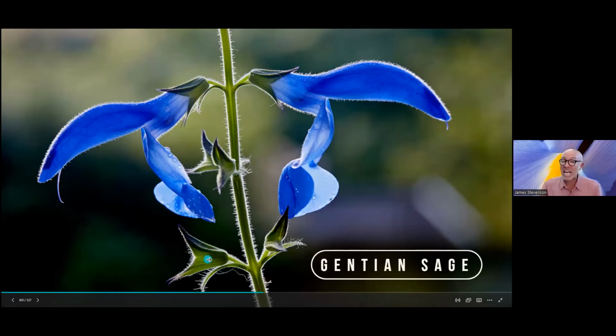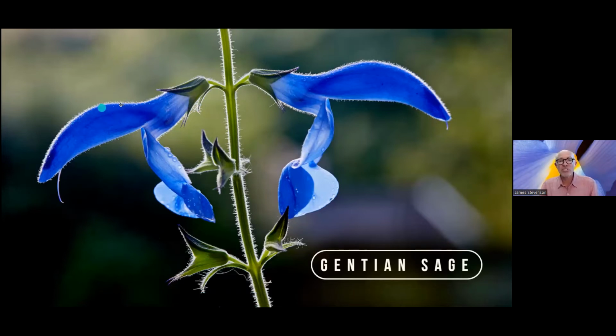They stay attached to the plant. And here you can see the sage flower, this tubular, bi-lipped flower, an upper lip and a lower lip. And you can see the sepals that formerly were protecting those petals before they burst out to attract the pollinator.